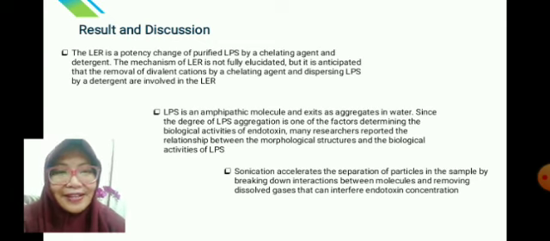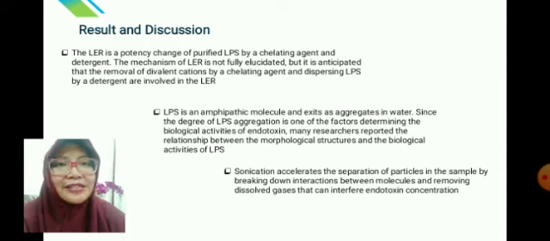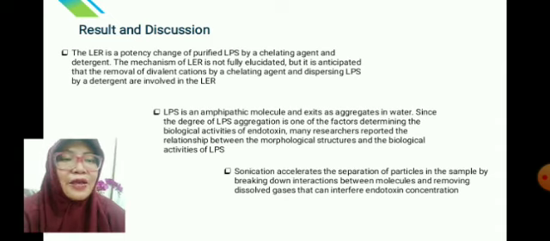So for the result and discussion, LER is a potency change of purified LPS by a chelating agent and detergent. The mechanism of LER is not fully elucidated, but it is anticipated that the removal of divalent cations by chelating agents and dispersing of LPS by a detergent are involved in LER. LPS is an amphiphilic molecule and exists as aggregates in water.